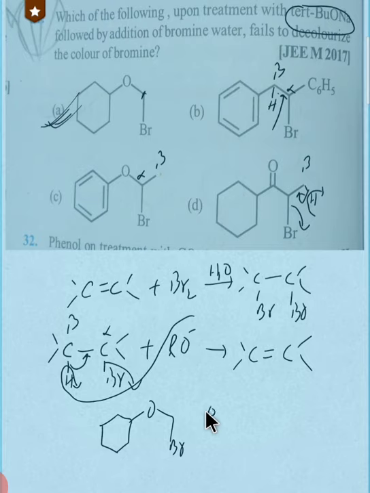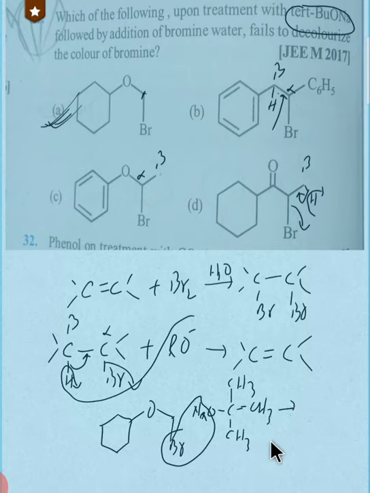So this will be the structure of sodium. This is Na. This is the structure of tertiary butoxide, and the Br and the Na will go out to attach this oxygen to this carbon atom, right? So we will have an ether here, and the structure of the ether will be like this.